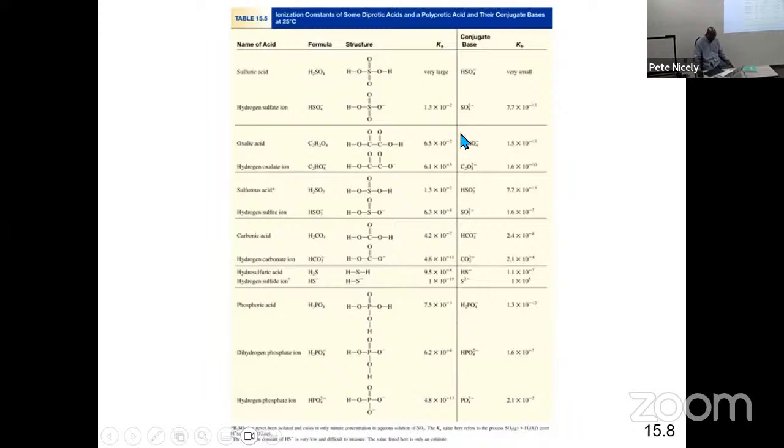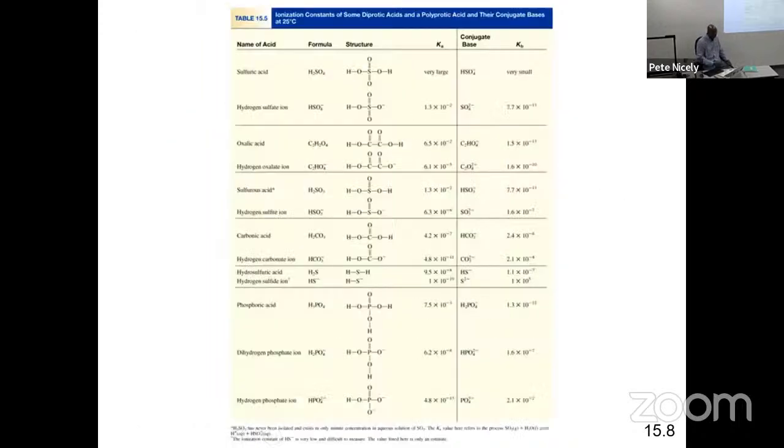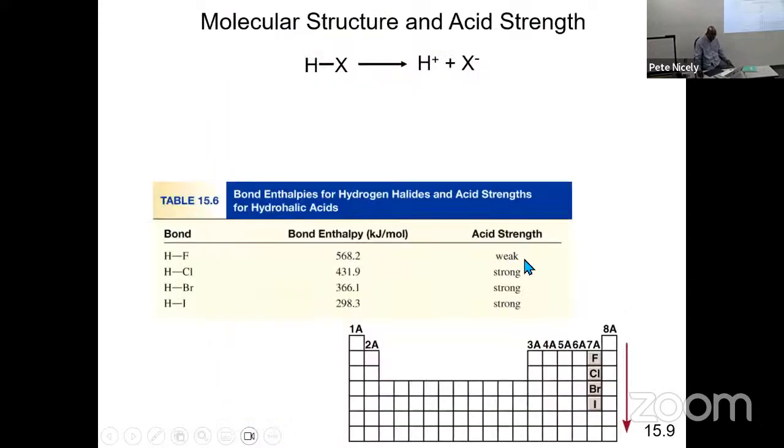And in each case, if you multiply the Ka for the weak acid by the Kb for the conjugate base of that acid, you're going to see that the result is Kw, which is 1.00 times 10 to the minus 14. All right, so that's the relationship between Ka and Kb.